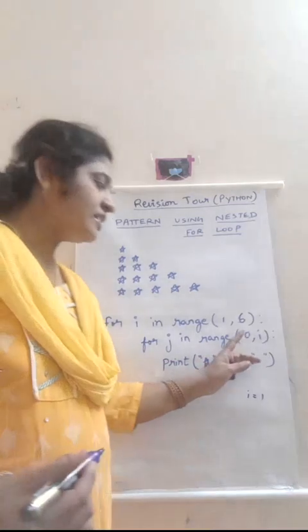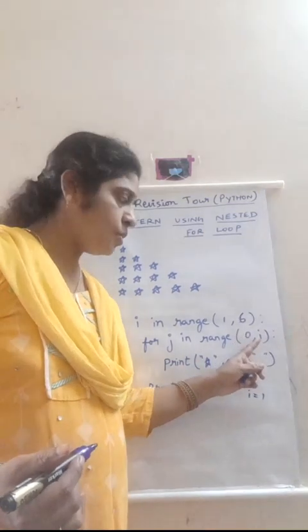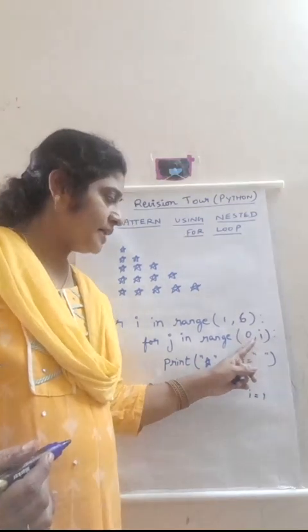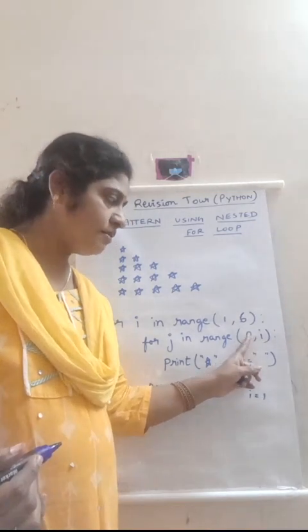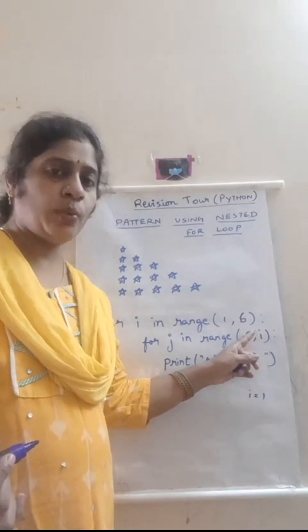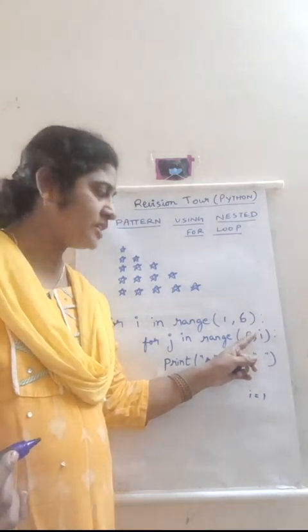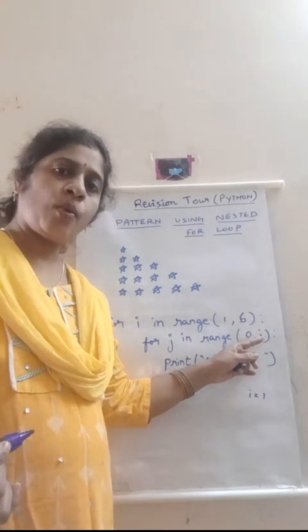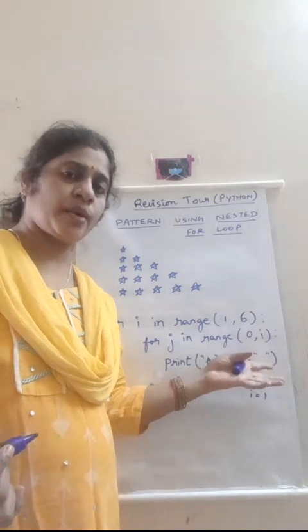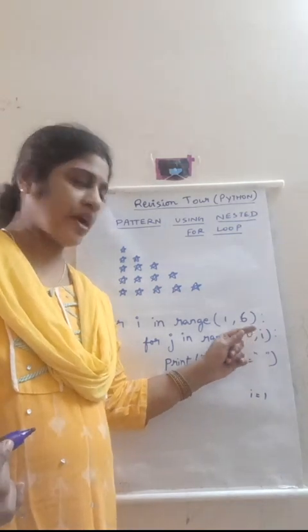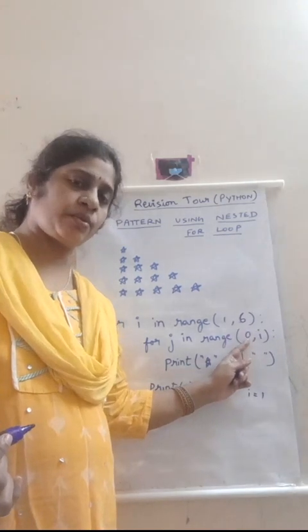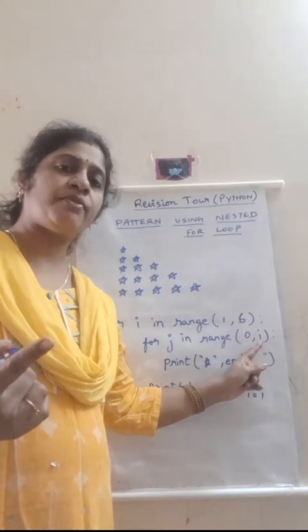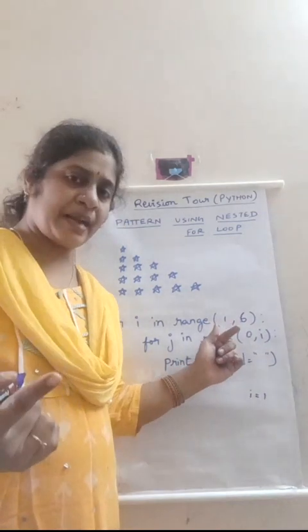So I have to run the loop from 0 to 1. If I start with 1 to 1, then loop won't get executed at all because it will stop at 1 minus 1, 0. So this won't work. So I am starting from 0 to 1. So loop will run for one number of times.